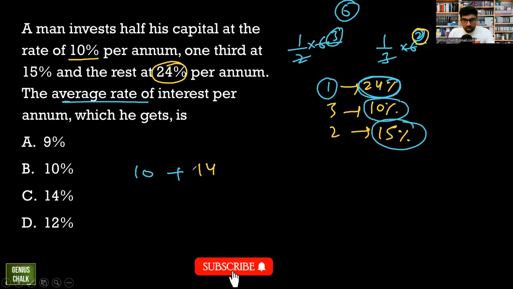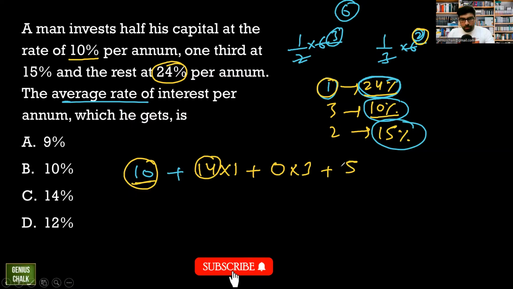It is 14 extra, and this is distributed among 1 unit. Similarly, this 10 is 0. 0 means this 10 and this 10 have 0 difference, like 24 and 10 have 14 difference. 0 for 3 units. 15 and 10, extra is 5%, and it will be distributed among 2 units.